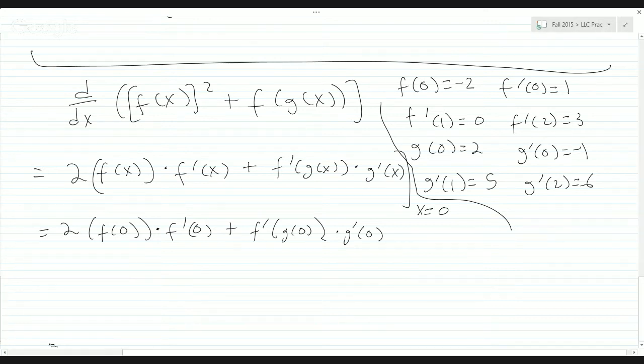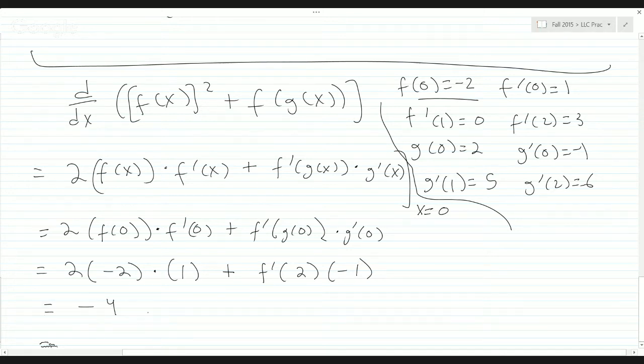This is equal to 2 times -2, because we have that value up there. f'(0) is just a 1, plus f' now of 2 times a -1. Okay? This is -4 plus f'(2) is 3 times -1, that's equal to a -7.